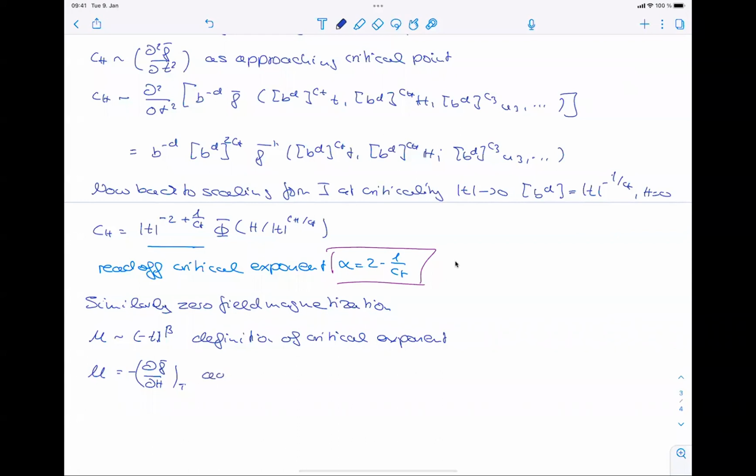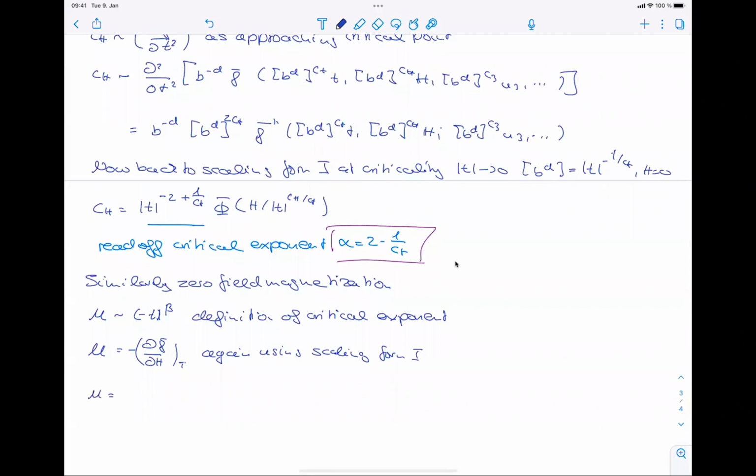And then again, using scaling form 1, we have m is minus d/dh of t to the minus c_t phi of c_h over c_t. And that's then minus, just copying the first factor. And then from the derivative, we get a 1 over t c_h over c_t.